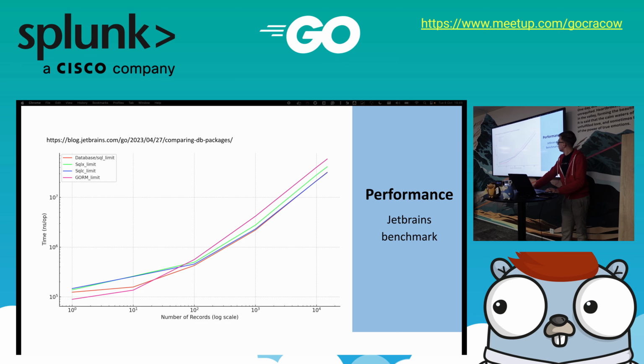But the things we can see here are quite obvious. We could expect that GORM will be the slowest one. sqlx will be slower than database SQL. It's because of that mapping that I said before, that it's done on runtime and not strictly typed.